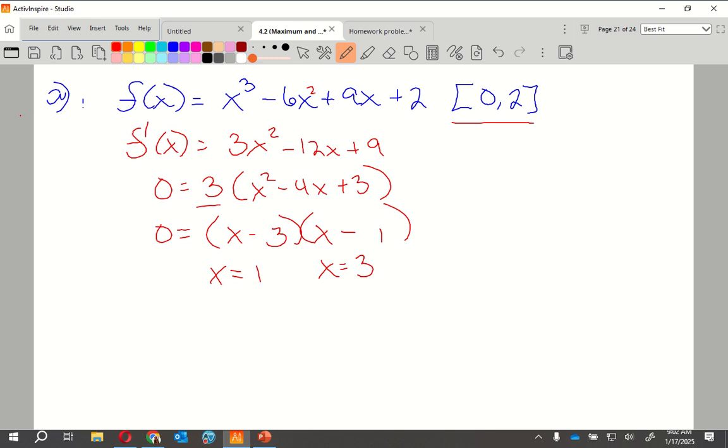We want the y value. So what is going to be the largest y value? I plug it into the original. If you have your handy dandy calculator, you would do f of 0 equals, f of 1 equals, f of 2 equals.